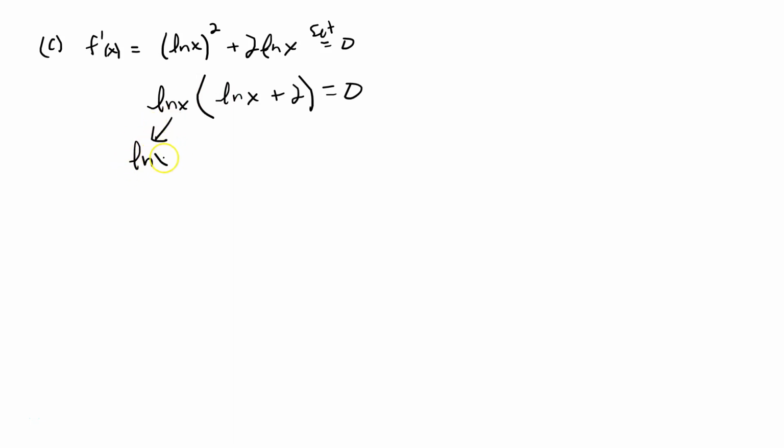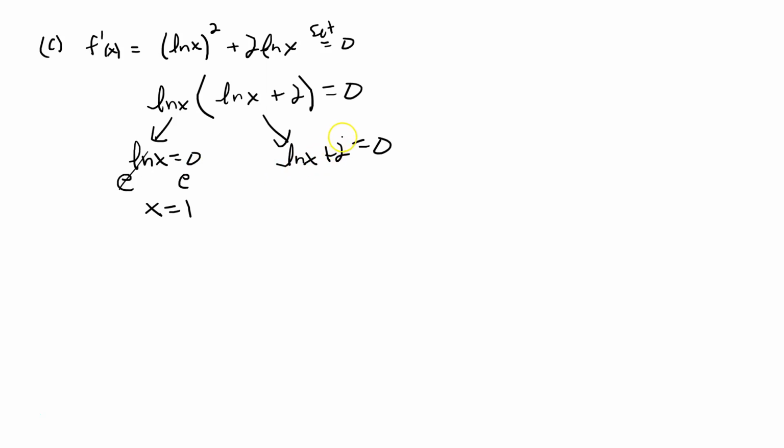Either log x is 0 or log x plus 2 is 0. When you want to get inside of a log, you make it the exponent on e, both sides. And so it'll be the fact that x is equal to 1.